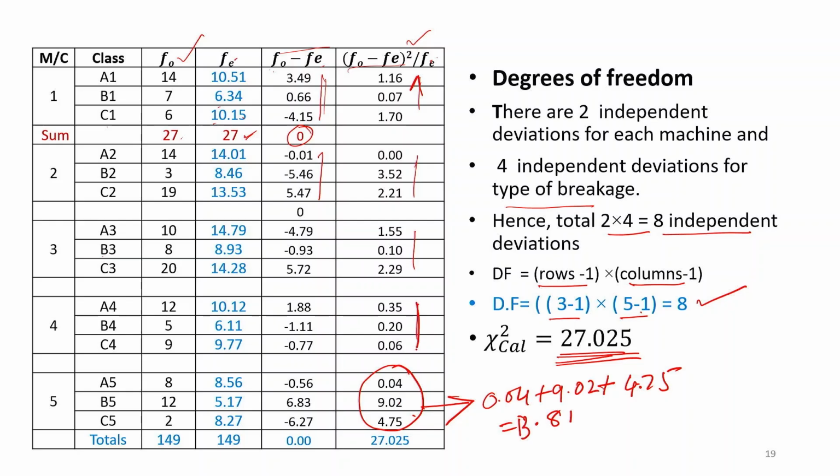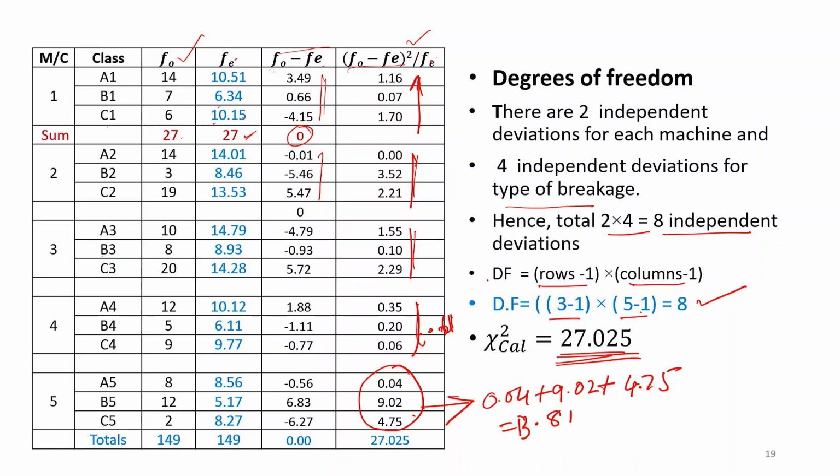How much is this? Only 0.61. This is very, very low. So you can add them and see where the chi-square value is maximum. Obviously, the last case. That means the troubling machine is machine number 5. That is how we conclude.